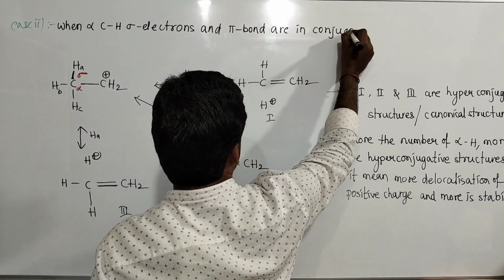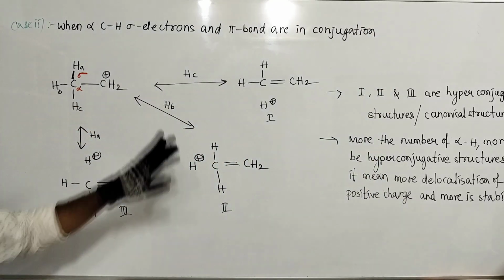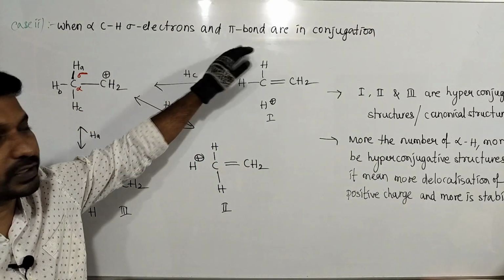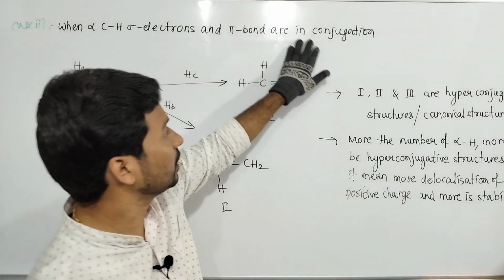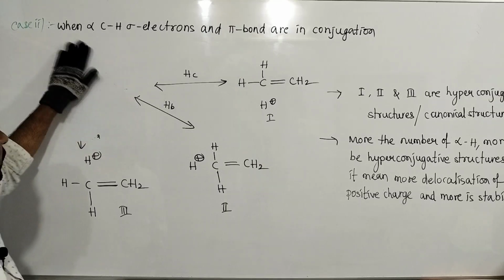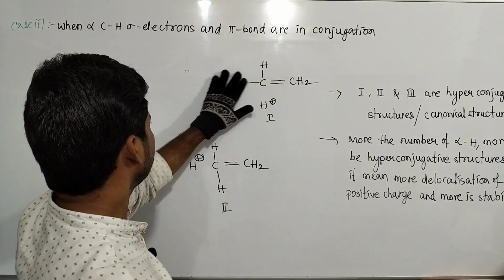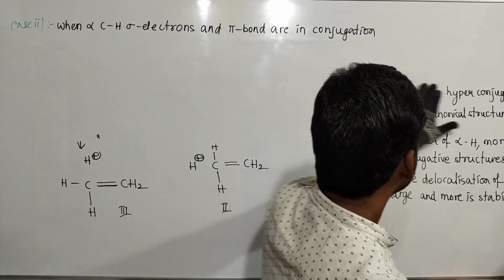In the previous case, alpha carbon CH sigma electrons and positive charge were in conjugation. Here alpha carbon CH sigma electrons and a pi bond are in conjugation. Then what happens? That will also lead to hyperconjugation.